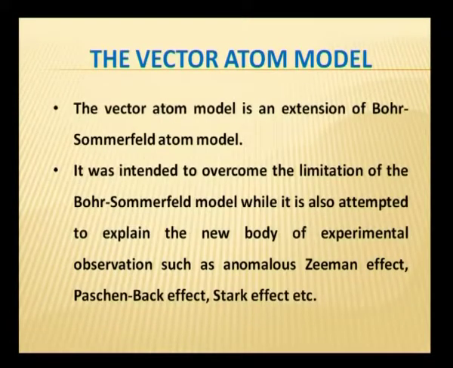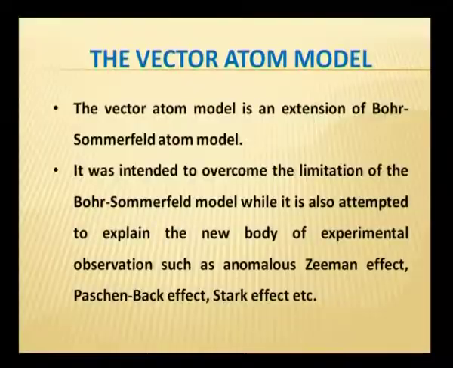Then we pass on to what is called the vector atom model. When I complete the vector atom model, you will find that there are as many as 7 quantum numbers. In the Bohr atom model there is only one quantum number n, in the Sommerfeld model n and k. In the vector atom model there will be as many as 7 quantum numbers.